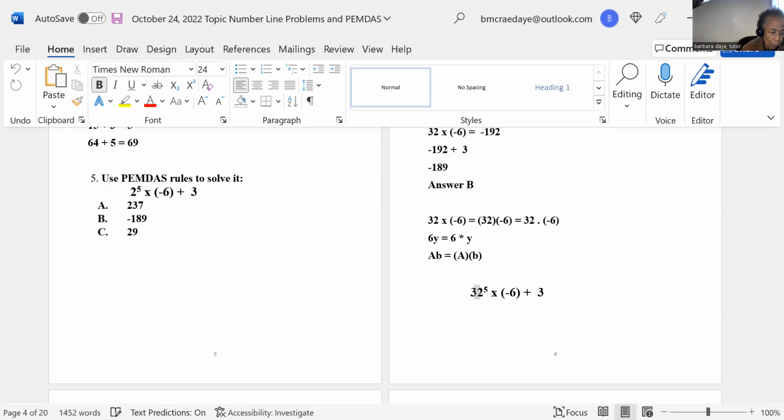Okay, this is 3. And let me just use parentheses here. Okay, I want you to do this one. So do this PEMDAS.